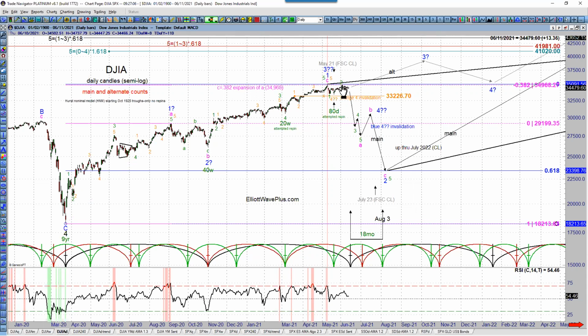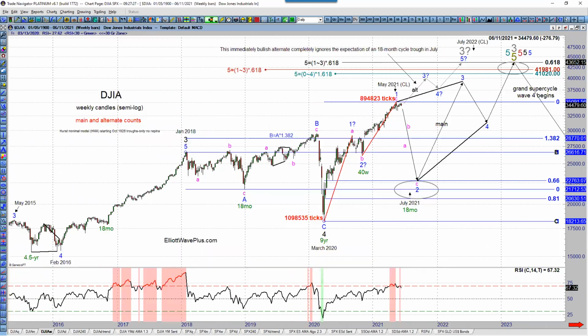But because the market has just absolutely positively refused to budge to the downside for almost a year and a half, I've had to come up with this alternate of just a wave 4. But frankly, it's bad news for the market. I think it tops a lot sooner, probably in early 2022 instead of in 2023, if that's the case.